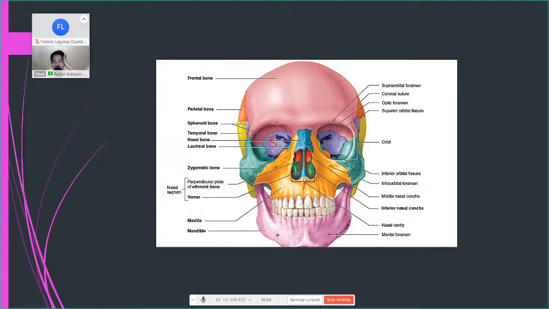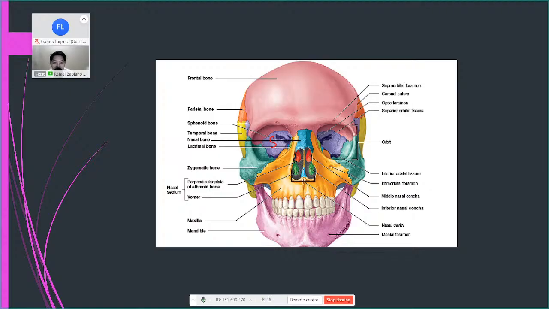Okay, so it's hard to visualize from here to here. You cannot really imagine what it looks like until you open the skull and take that bone. Once it goes in, it will go small and then go like this. Okay, so it's hard to visualize.